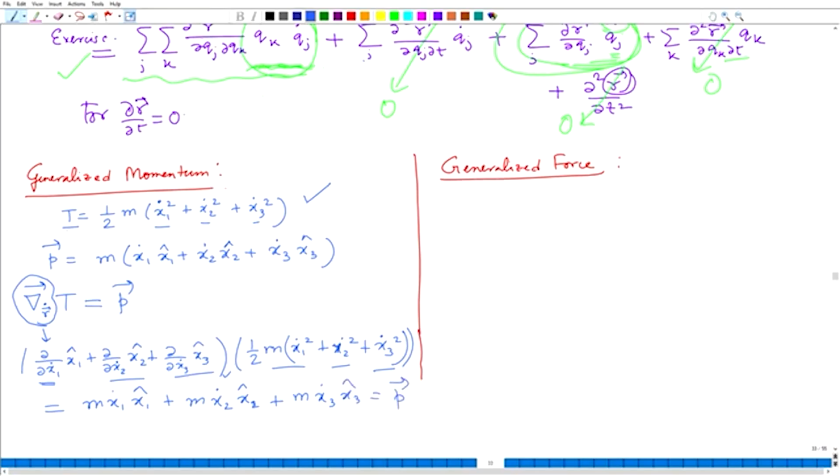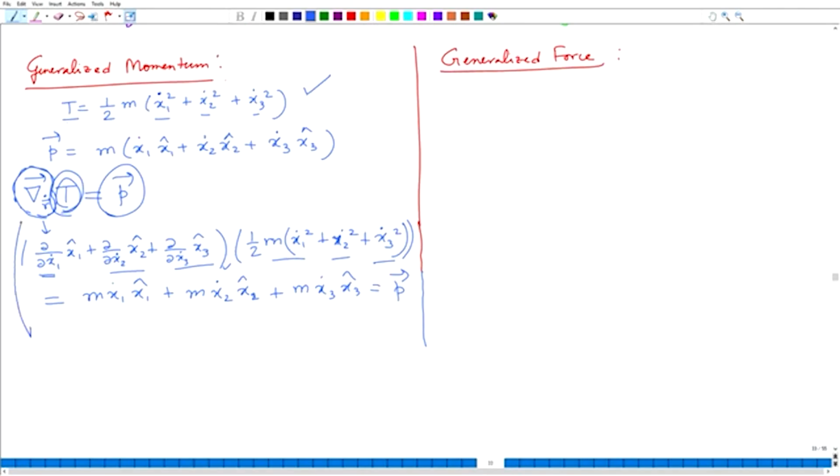So, we know that from T I can have p just by operating on T with a gradient operator defined in the velocity space. We can say in a very simple way that del T/del xi dot is equal to pi.